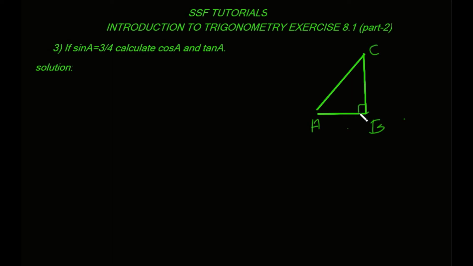Since in the question it is given that sin A is equal to 3 divided by 4, we know according to the trigonometric ratios that sin is equal to opposite side divided by the hypotenuse side.